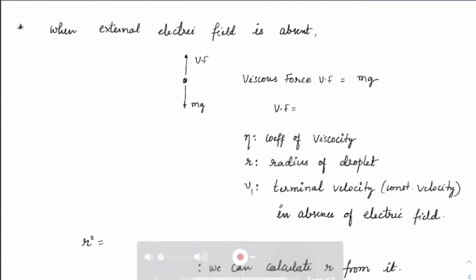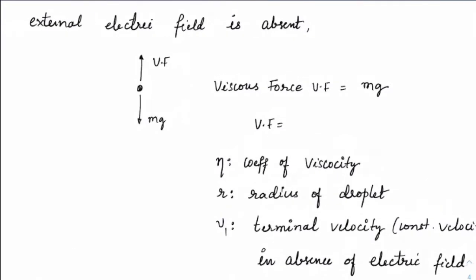Now this viscous force we can directly fetch from the liquid states chapter, and we will be able to write this as 6 pi eta r v. Where eta is the coefficient of viscosity, r is the radius of that droplet, and this v which I am writing is the terminal velocity.